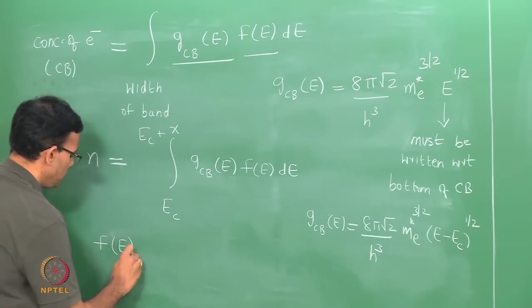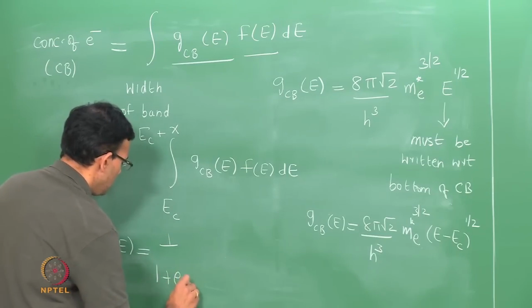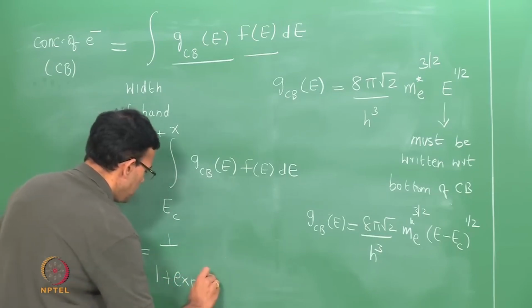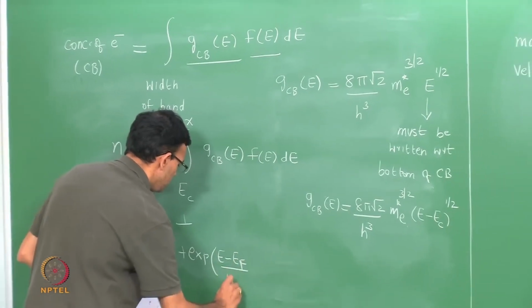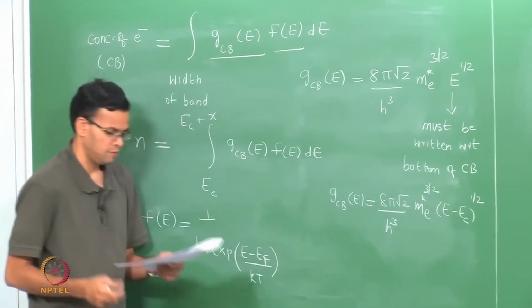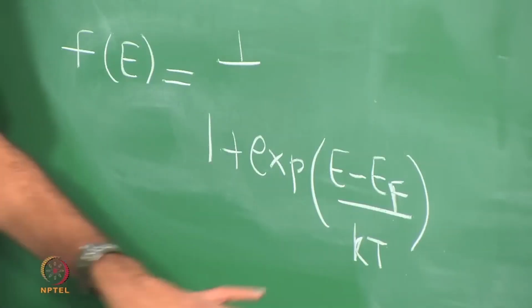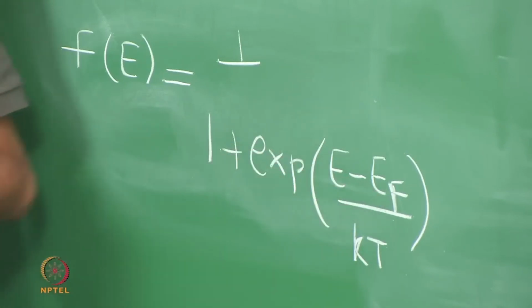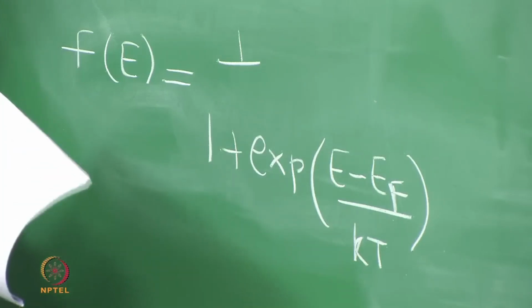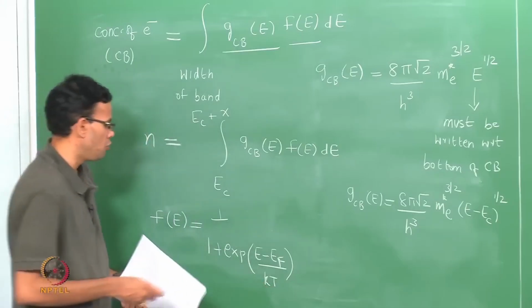F of E is 1 over 1 plus exponential E minus EF over kT. Usually in the case of silicon, and we will actually show it explicitly later on, E minus EF will be of the order of electron volts, or at least greater than 0.5 electron volts. kT is usually of the order of milli electron volts.